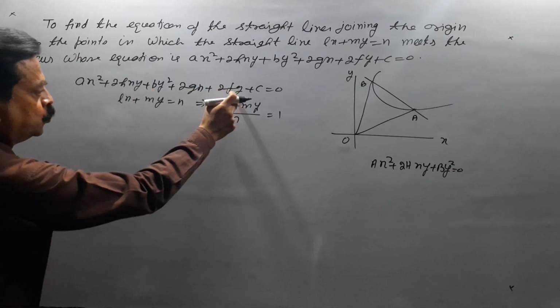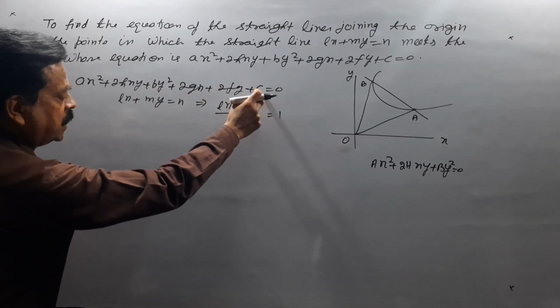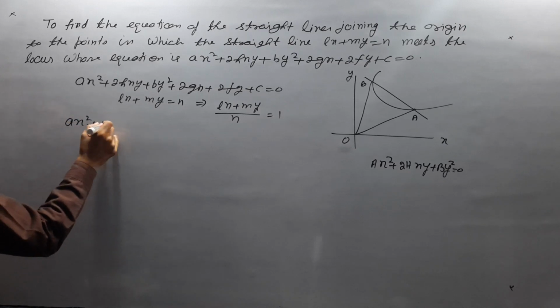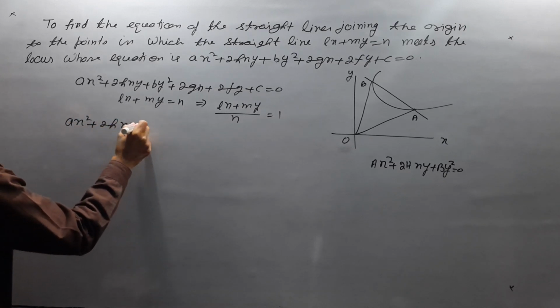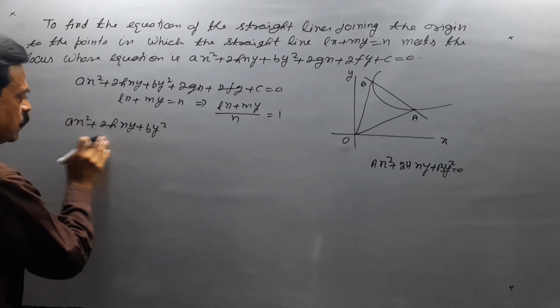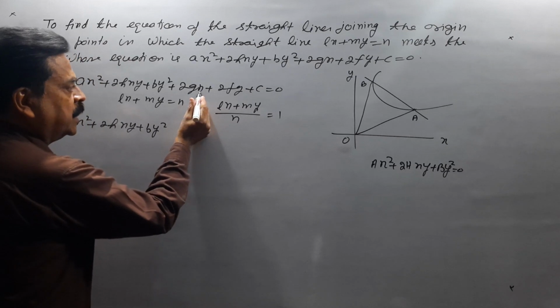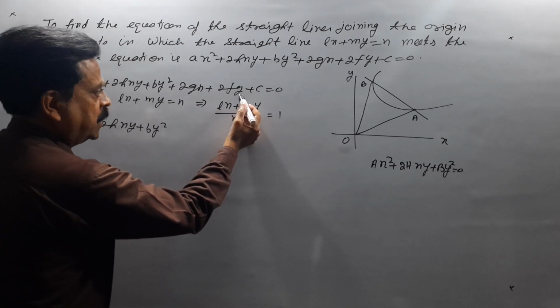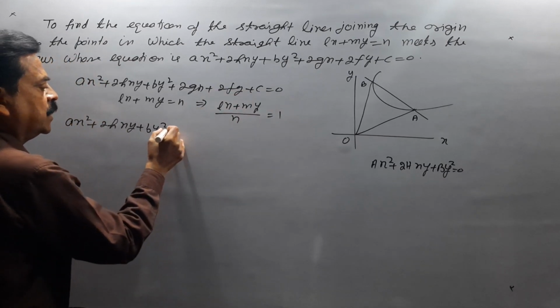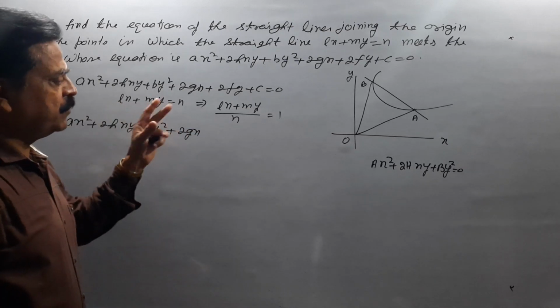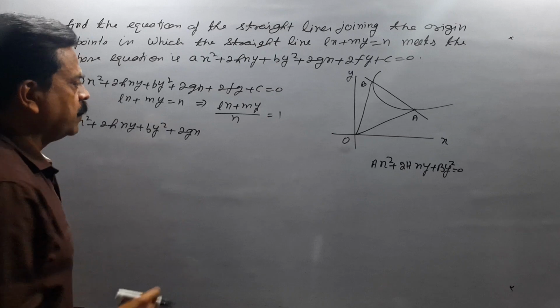And if we multiply by 1 in these two terms and by 1 square in the last term, ax square plus 2hxy plus by square are homogeneous terms of second degree, and we have to convert the other terms into second degree. So 2gx we can multiply by 1 because 1 is the multiplicative identity.